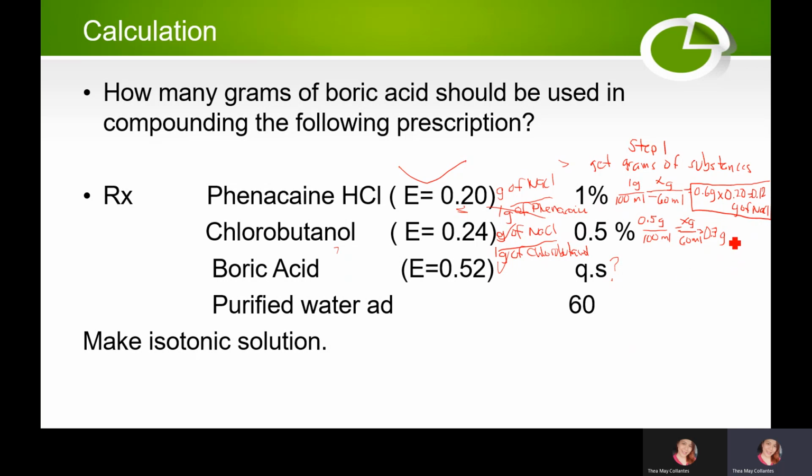On the other hand, it's still the same. 0.3 grams times the 0.24. Again, what happens? The grams of chlorobutanol cancel out with the 1 gram below, and you will just be left with 0.3 times 0.24, which is now your 0.072 grams of NaCl.